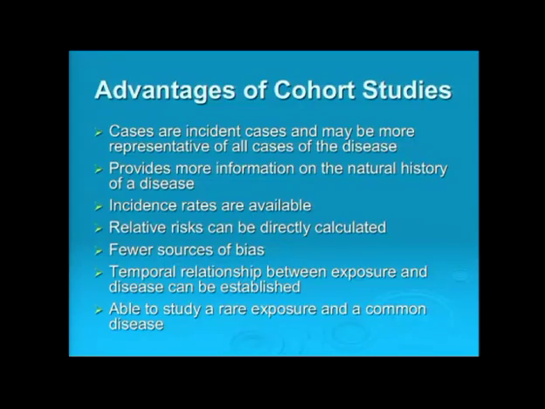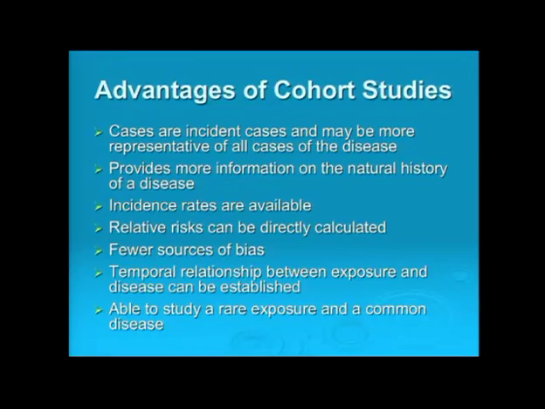Because you're following people from an exposure to an outcome, it gives you an opportunity to see what the natural course of disease is. You can get more information about the symptoms, the presentation, the development of the disease that you can't get in a retrospective study.